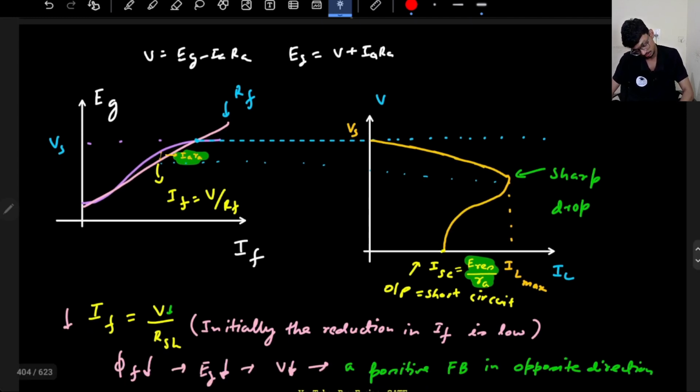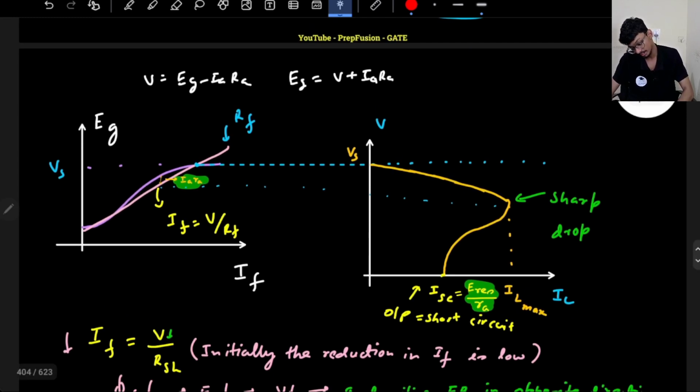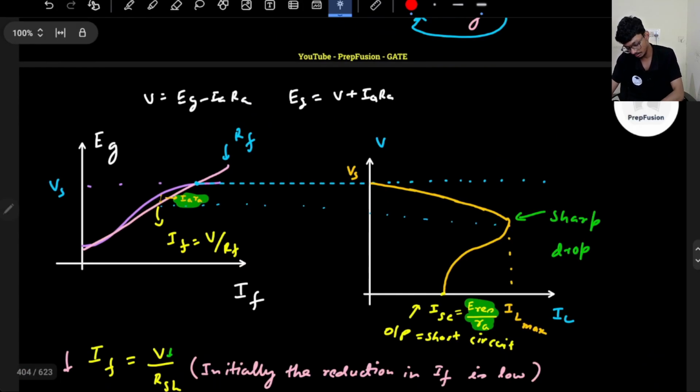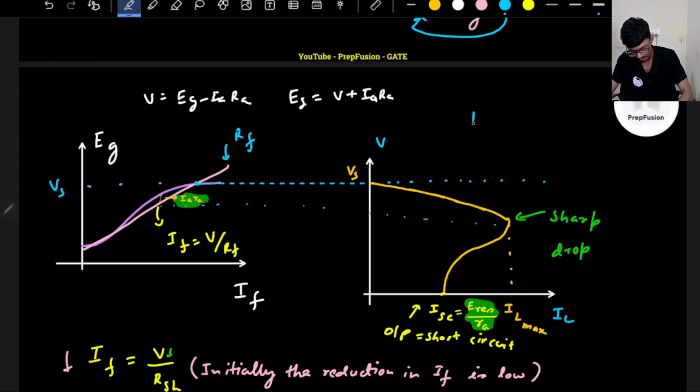Now, the maximum current that the armature can support. Actually we have to find out the maximum current that the armature can support. So this is IA into RA. The assumption is that the field current is almost constant. If the field current is almost constant, I can say that IA equals IL plus IF.